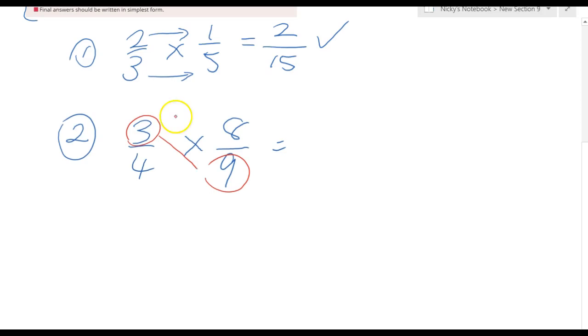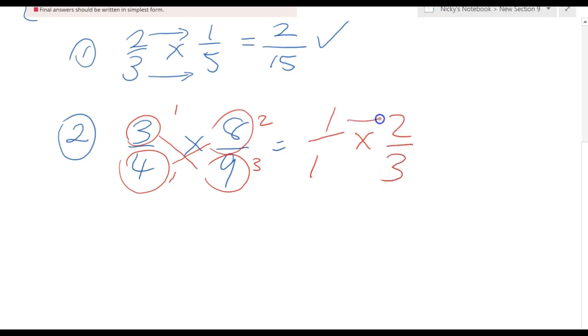So 3 goes into 9 once, and that becomes a 3, and then here and here, my 8 becomes 2 over 1. So my new fraction is 1 over 1 times 2 over 3. Then I multiply across the top and across the bottom, and I have 2/3.